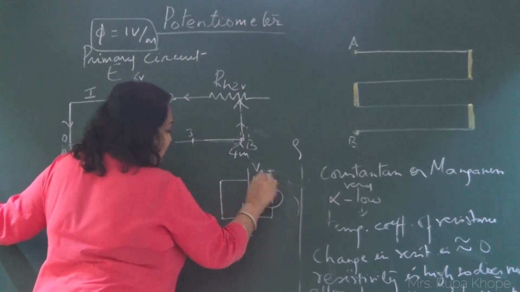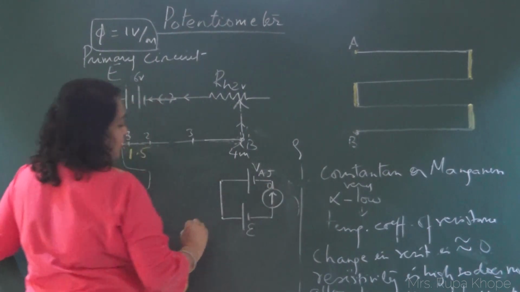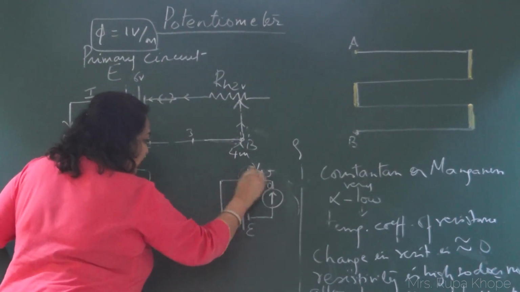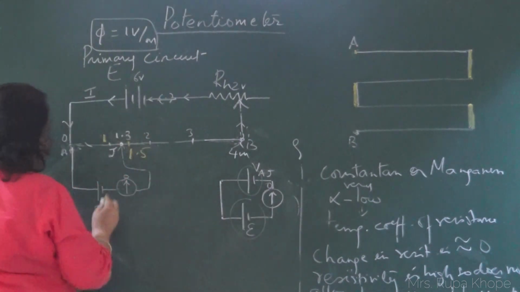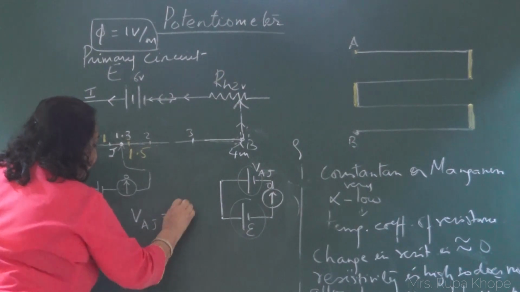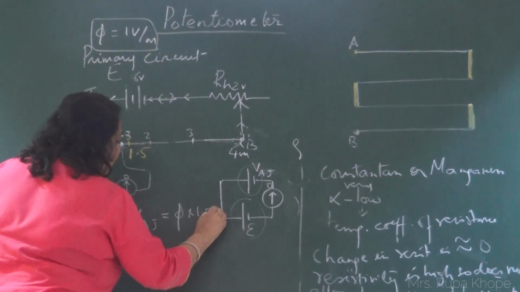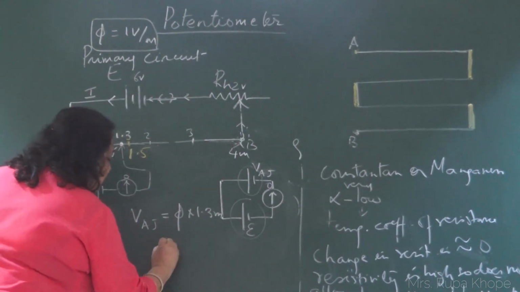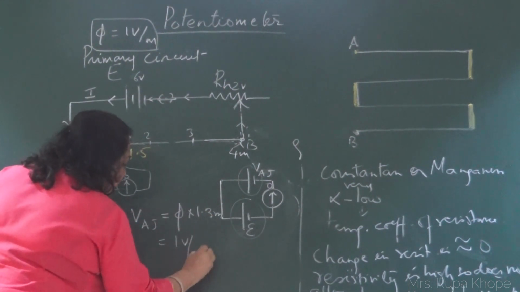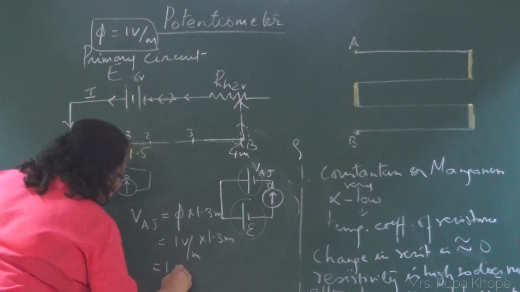The current is 0, so this potential is equal to this potential. So VAJ is phi, the potential gradient, multiplied by 1.3 meter, which is 1 volt per meter into 1.3 meter, which is 1.3 volt.